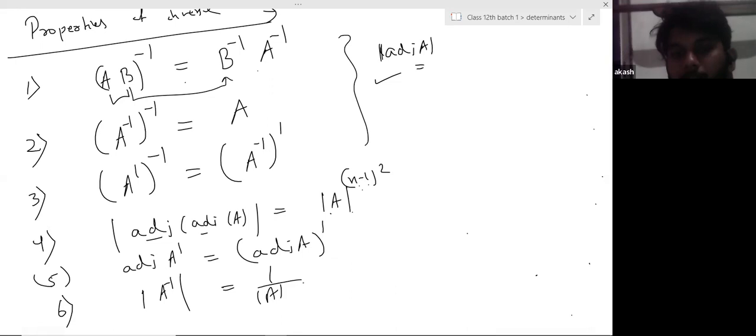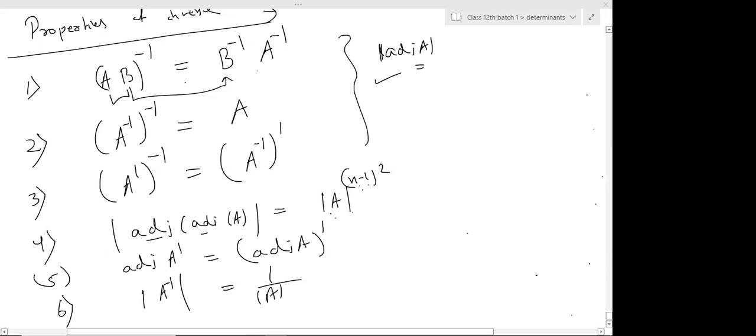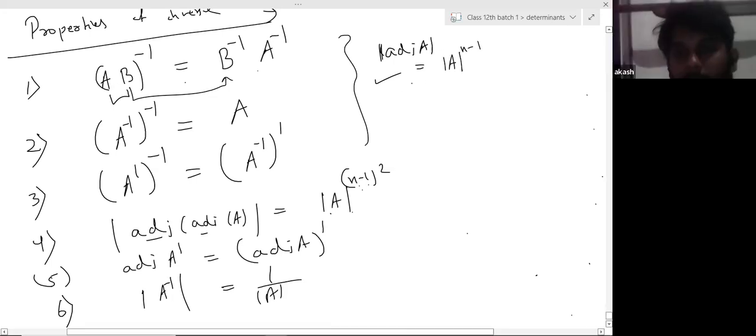Does anyone remember this? Kulsum, Krishna, Ronaldo. Sir, is it determinant of A power n minus 1? N minus 1, right? This is also very important. Don't forget these properties.